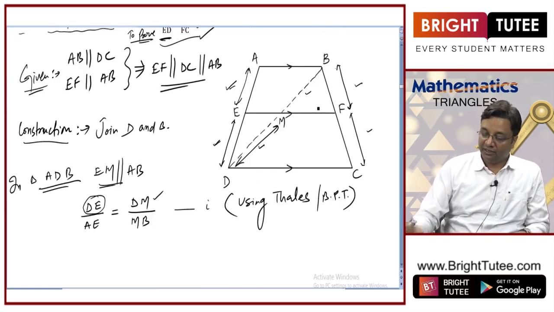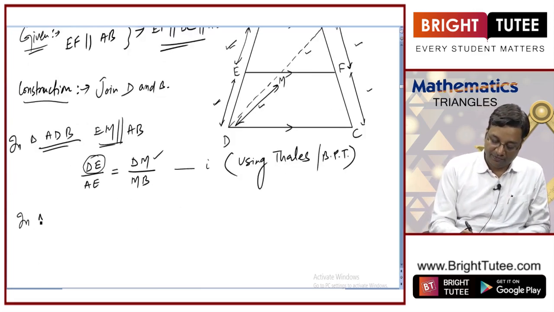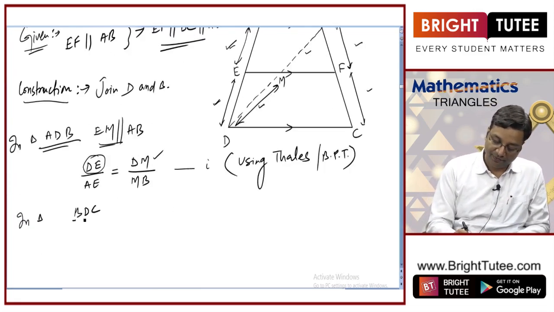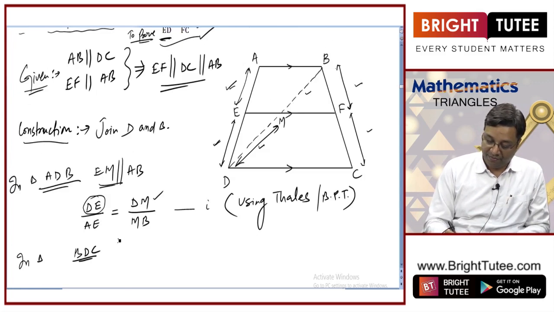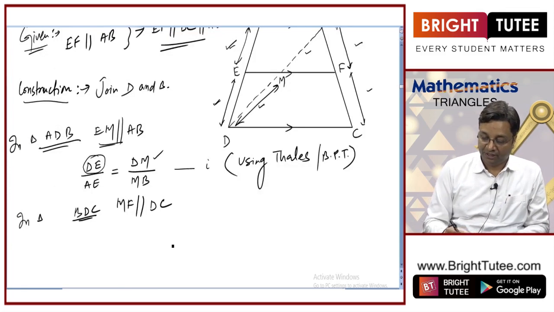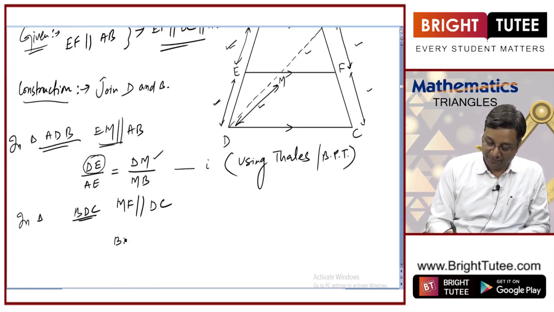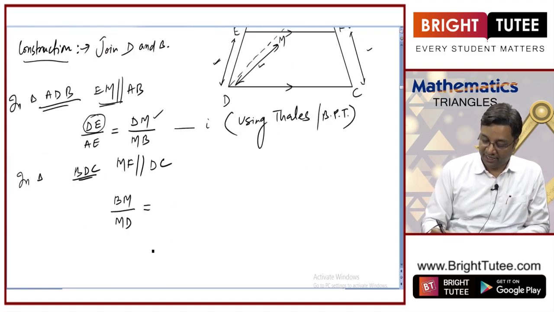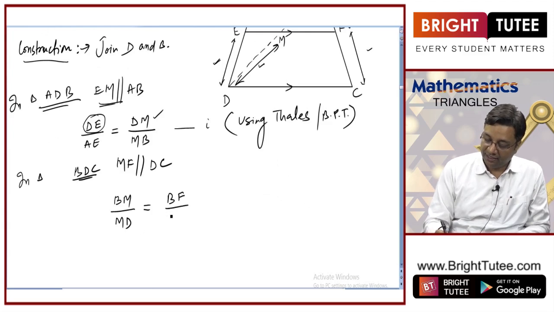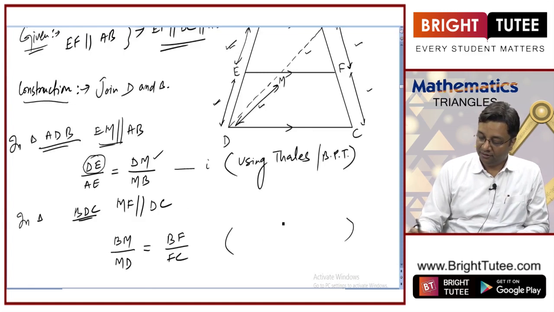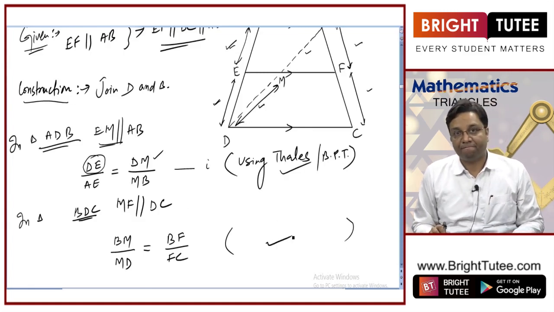Now, we have got another triangle. In triangle BDC, MF is parallel to DC, which gives me another result, that BM by MD is equal to BF by FC, using Thales theorem or BPT.